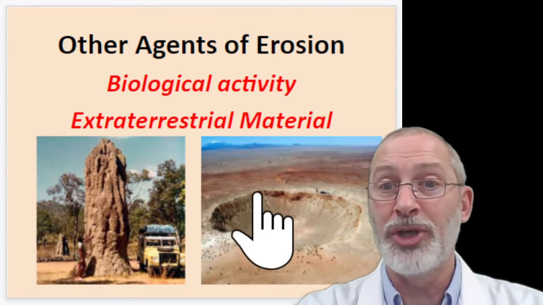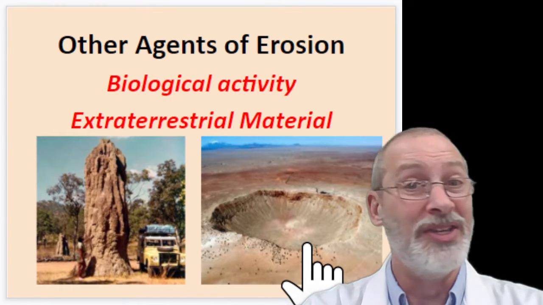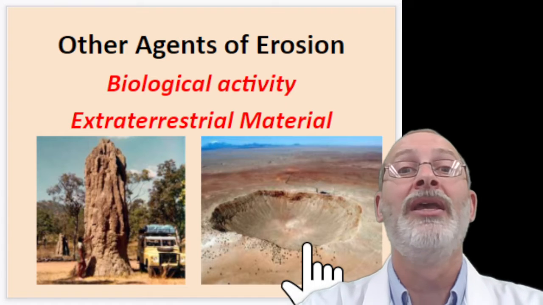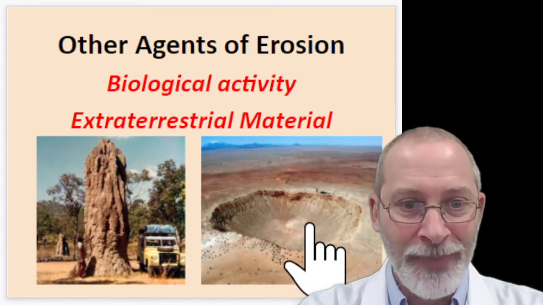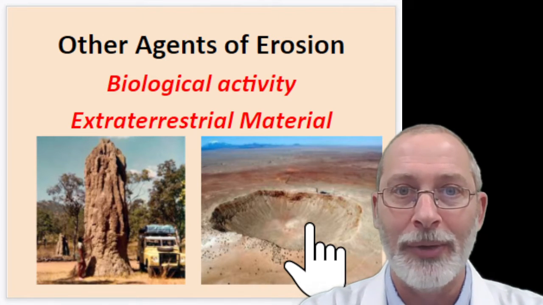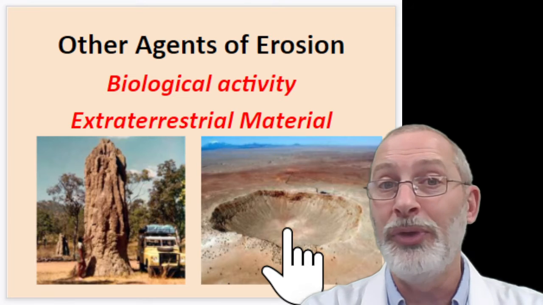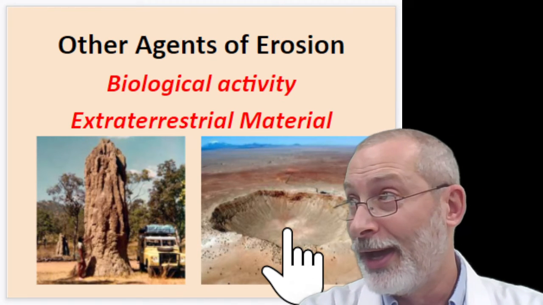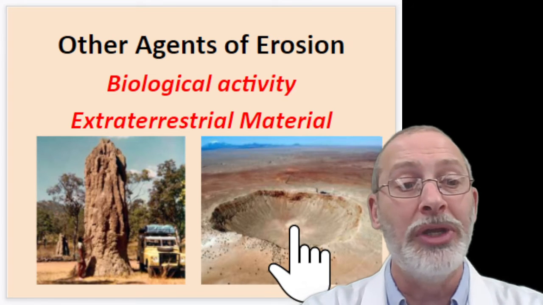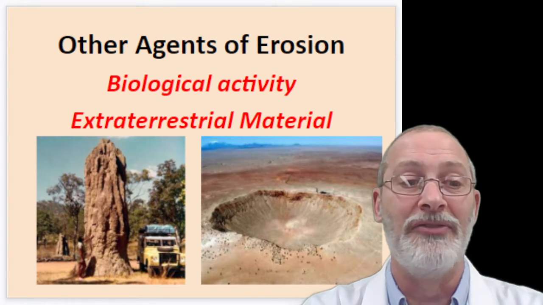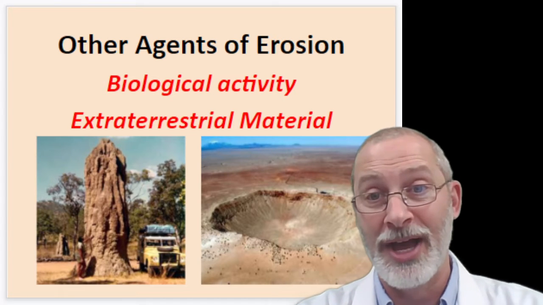For instance, this picture here of Meteor Crater in the southwestern U.S. was a very quick erosion of the landscape by an asteroid, or a meteor, I should say, that came through the atmosphere and landed as a meteorite and eroded an enormous amount of land in a very short period of time.